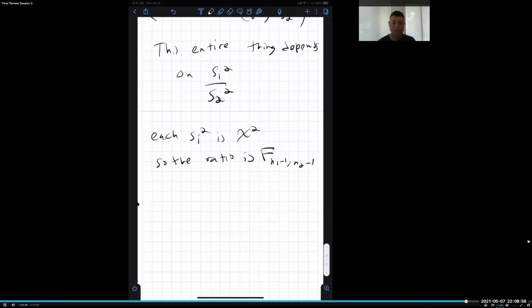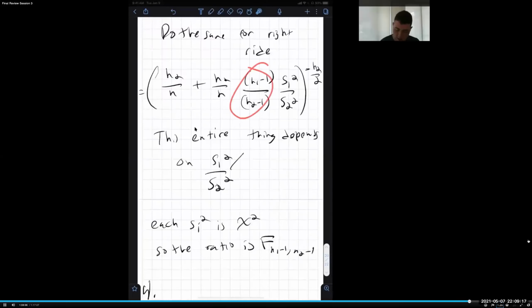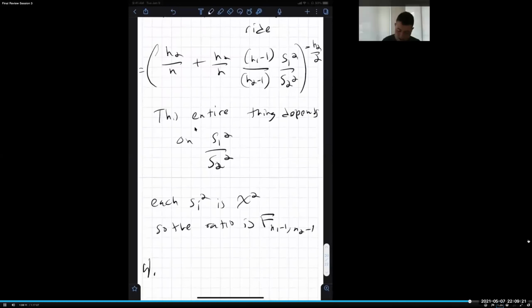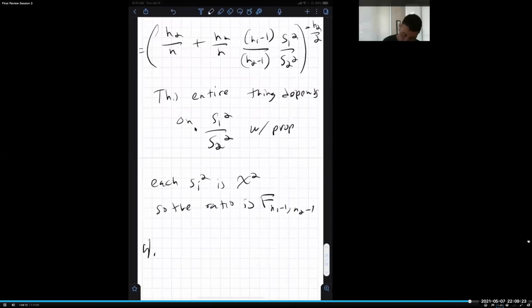Are there any questions about this question? I'll talk about problem 4 afterwards. Yes. I thought in the ANOVA when we get the F test statistic, we divide the chi-square by n minus 1 or something. Yeah, you can do that as well, with proper scaling.